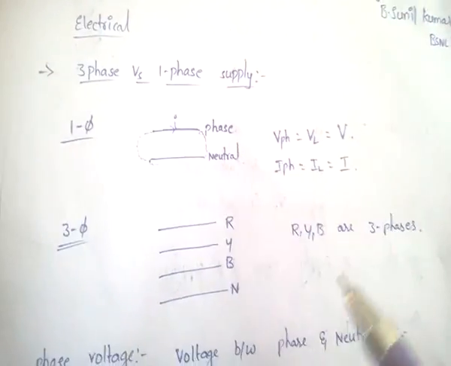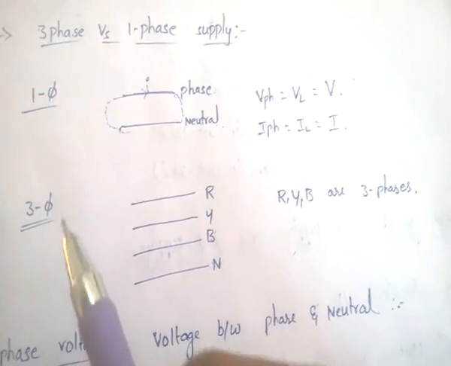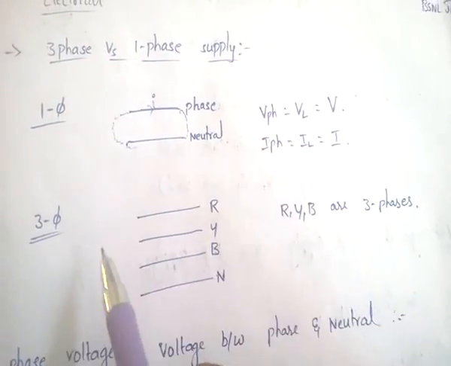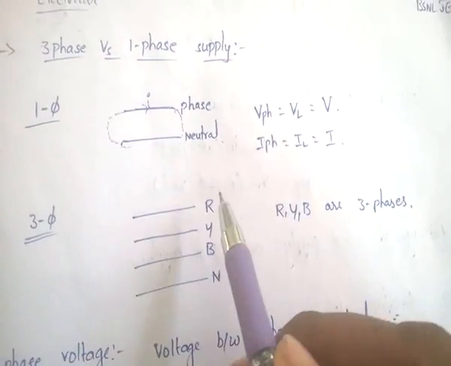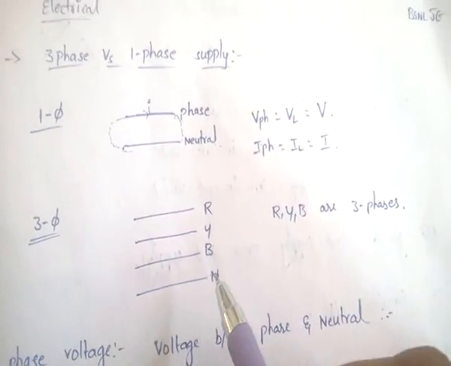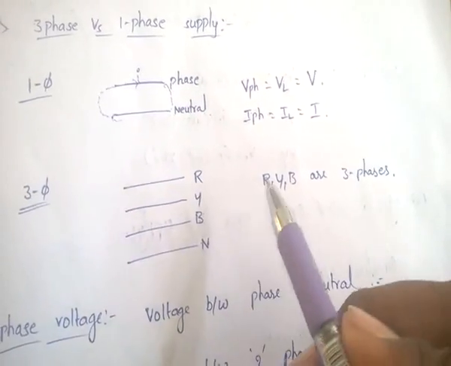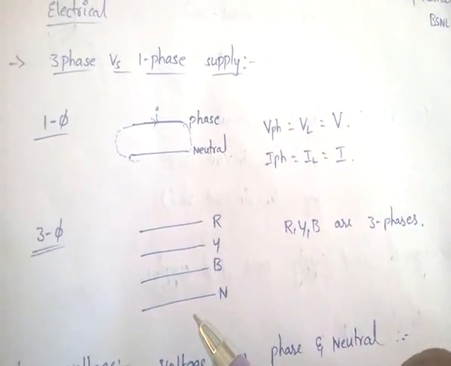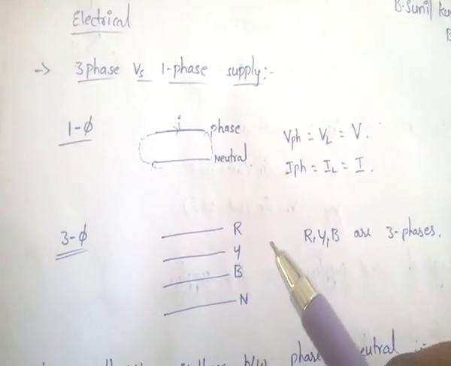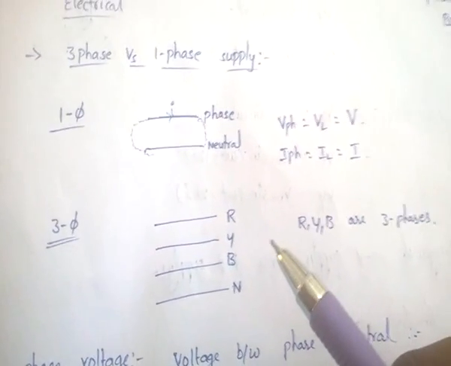Next, coming to the three phase system or three phase supply, there are three phases. They are the R phase, Y phase, and B phase. There are three phases and a neutral. You may be confused about what is a phase voltage, line voltage, phase current and line current.